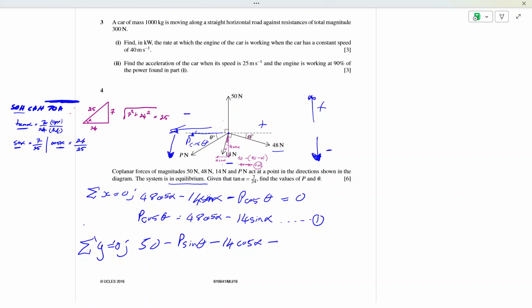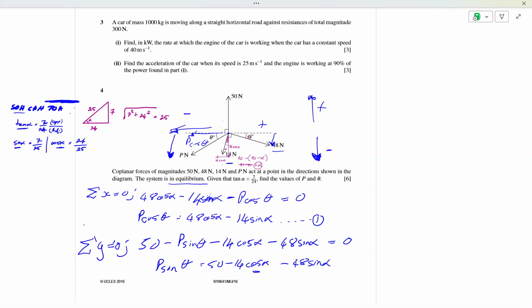And then minus the 48 Newton force is going to be 48 sine alpha. And I know that that is going to be equal to 0. Then I'm going to make P sine theta the subject of the formula by taking it to the other side. It is equal to 50 minus 14 cos alpha minus 48 sine alpha.